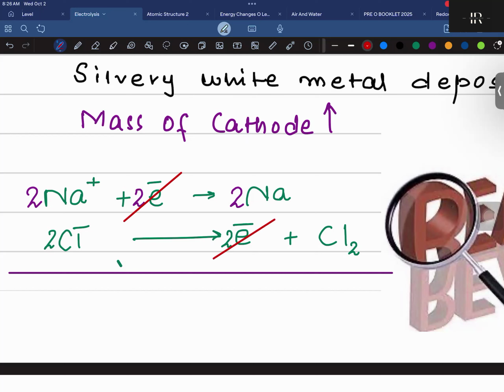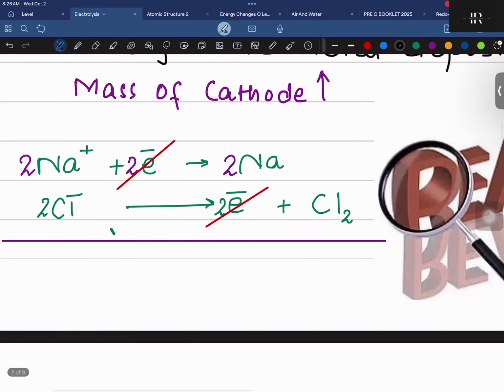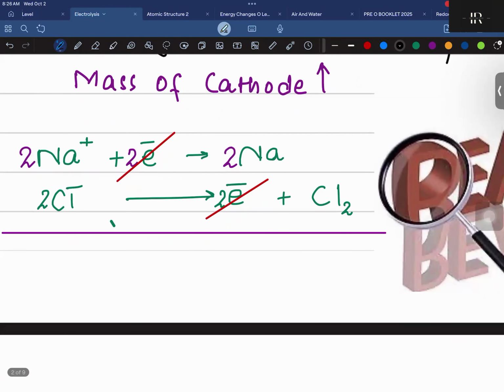So what would be the things that I need to write after this overall? After adding them together, I would be writing that when 2 Na positive ions meet with the 2 Cl minus ions, they react together, forming sodium chloride. And then I would be writing 2Na and then Cl2.